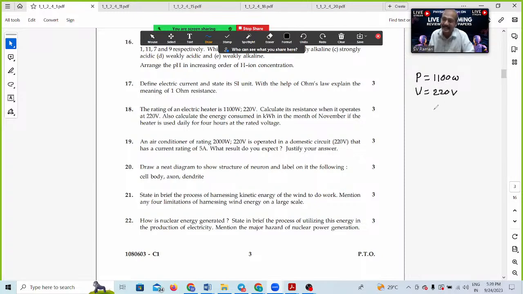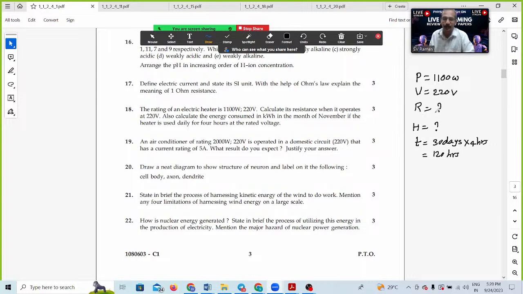Calculate its resistance, they are asking. And at the same time calculate the energy consumed in the month of November, that is 30 days. And per day 4 hours. So 30 days into 4 hours, which is 120 hours the geyser worked.